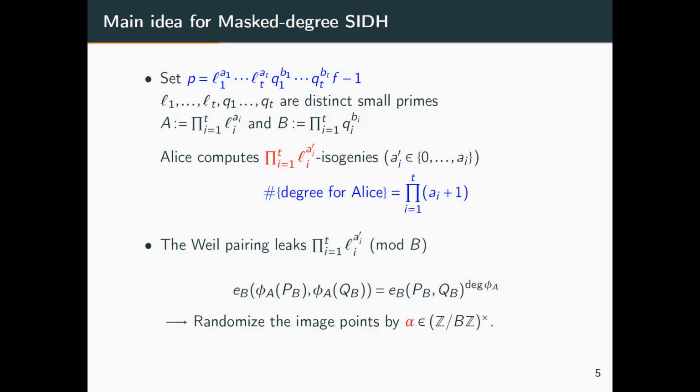However, the pairing leaks some information about the degree. From the equation, it leaks the degree of phi_A modulo B. So we need to randomize the image points by some random value alpha.